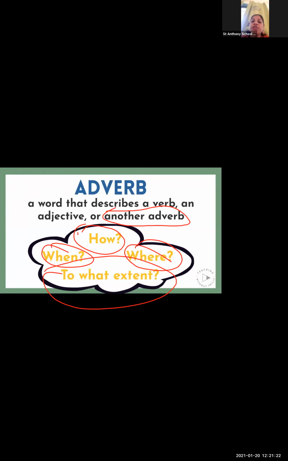When you ask the question regarding where, my friend is going to visit a friend outside the house. So where is he going to visit? Outside. So when you ask where, it gives me the answer he is going outside. So that is an adverb.